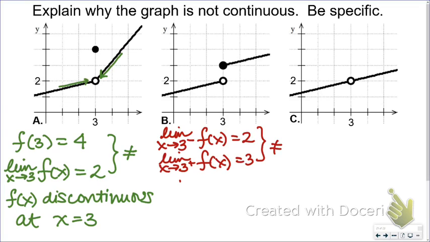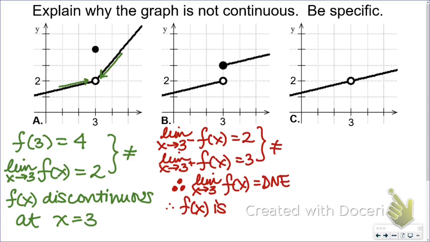Therefore, condition 2 of continuity is not met. The limit as x approaches 3 does not exist. And therefore f is discontinuous at x equals 3.